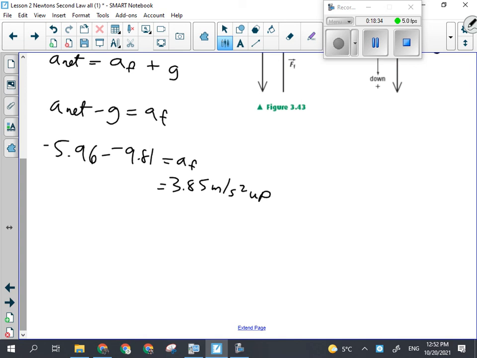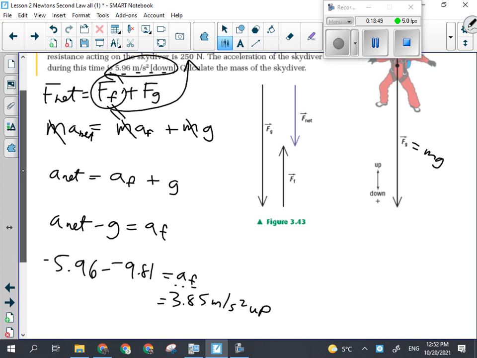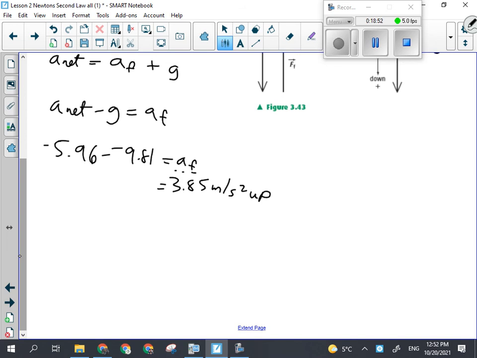All right, so now I know the acceleration due to friction. And I know the force of friction because they told me what it was. Then that means that this relationship is true. The force of friction equals mass times the acceleration friction would cause. So now I can calculate the mass.